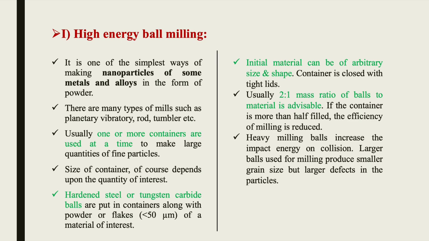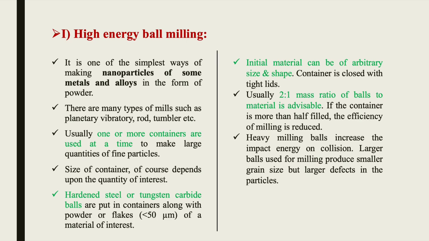Heavy milling balls increase the impact energy on collision, and a larger ball used for milling produces a smaller grain. If you use a larger ball, you will get a smaller grain size, but a larger defect in the particles. So you have to take this in proportion only.